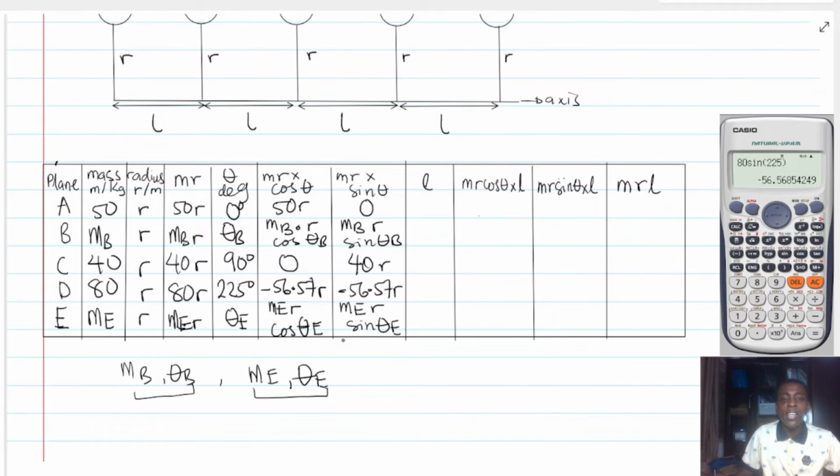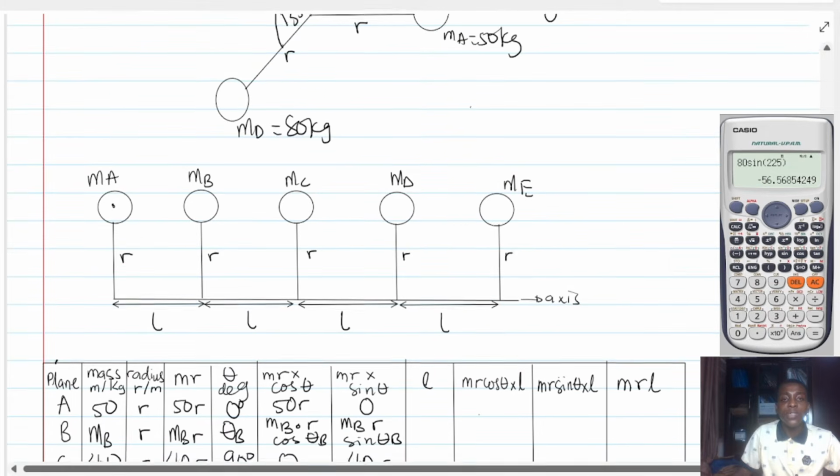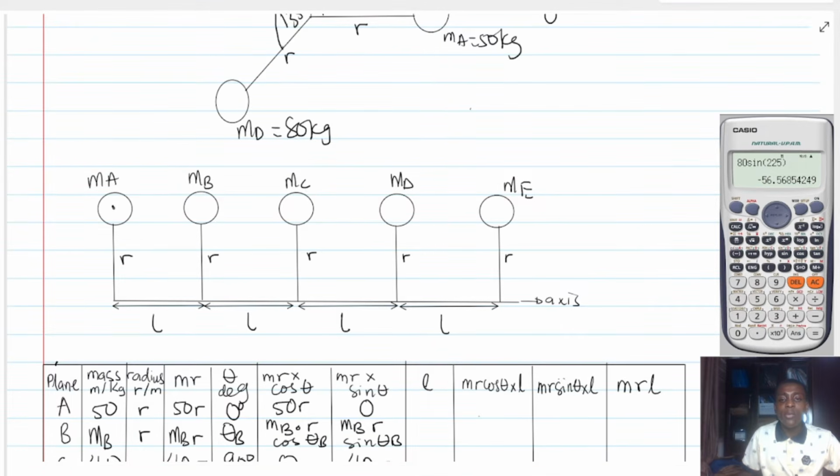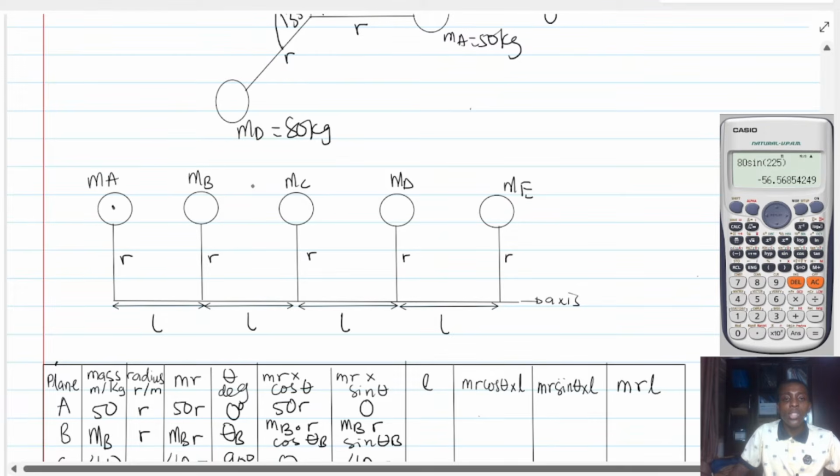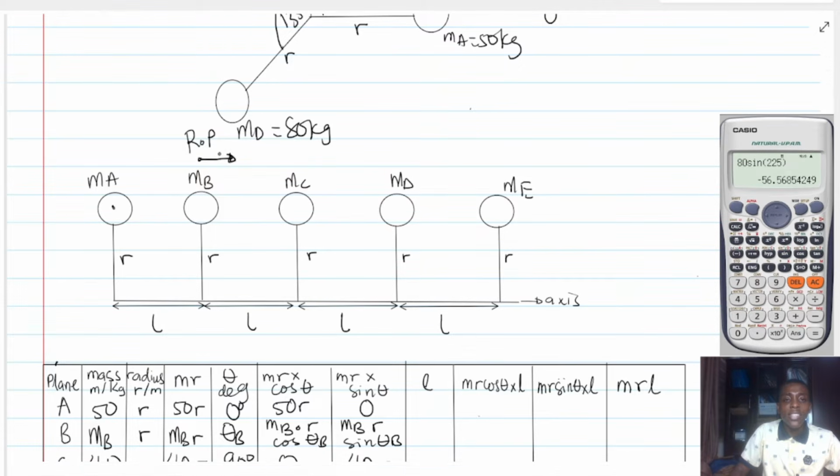I prefer taking the moment at point B. So if I decide to take the moment at point B, then point B becomes my reference. And so in that case, I will say that point B is my reference plane. So every distance here is going to be positive and every distance here is going to be negative.